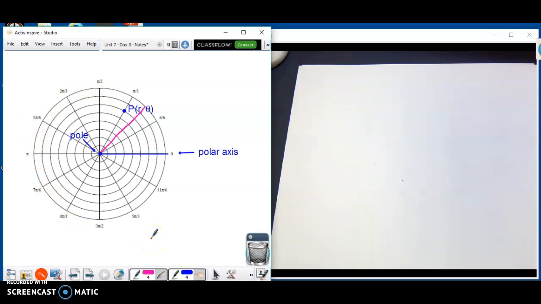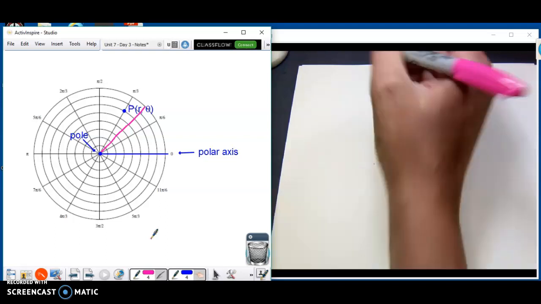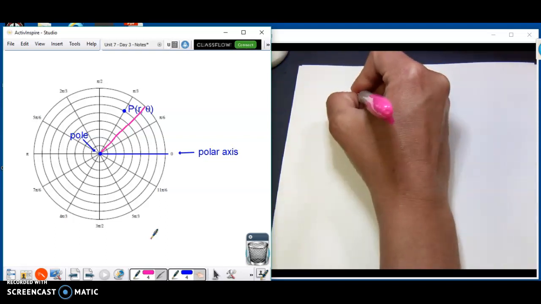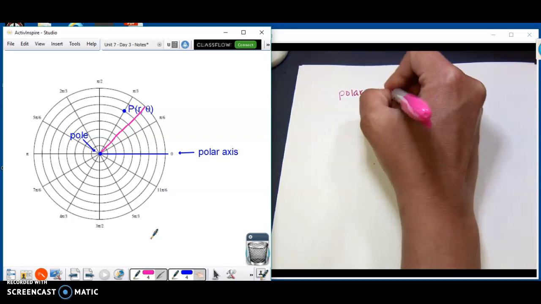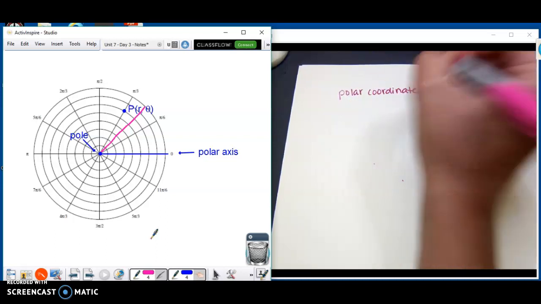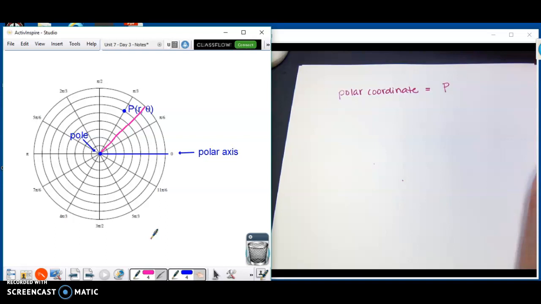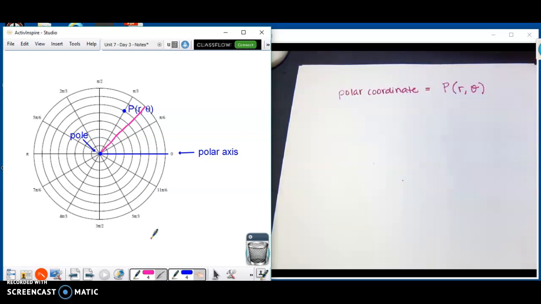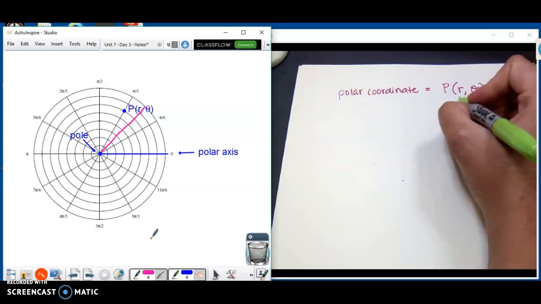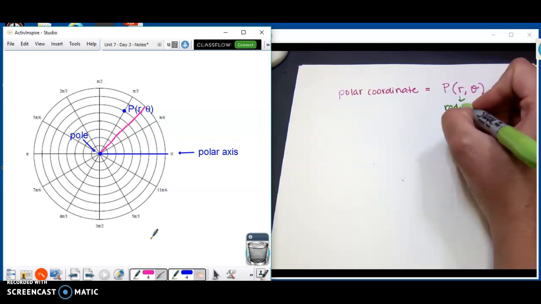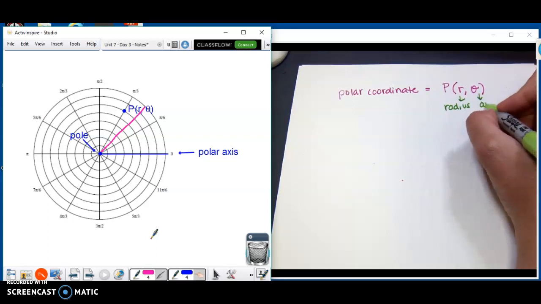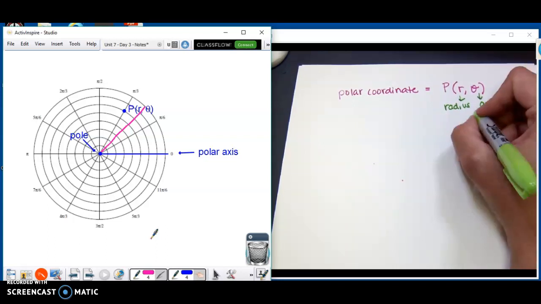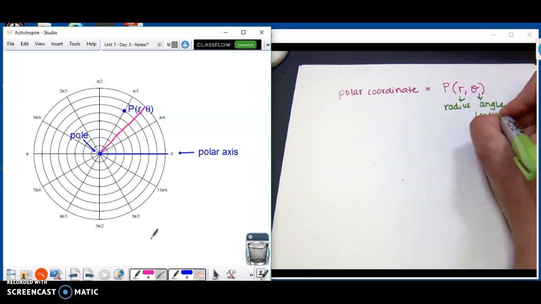When you graph a point for a polar coordinate, a lot of times it has a P beside it to stand for the point, but it's going to be (r, theta). r stands for the radius, and theta stands for the angle, and this could be in radians or in degrees.